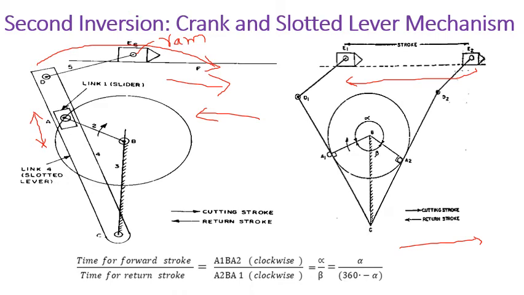The ratio between cutting and return stroke is given by A1 B A2 clockwise, this angle alpha, and the return stroke in clockwise, that is A2 B A1, this angle beta, or 360 minus alpha, both are the same.